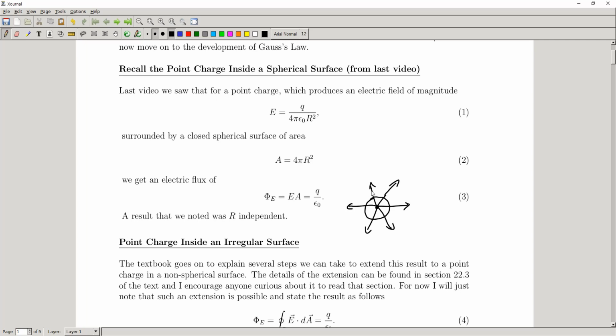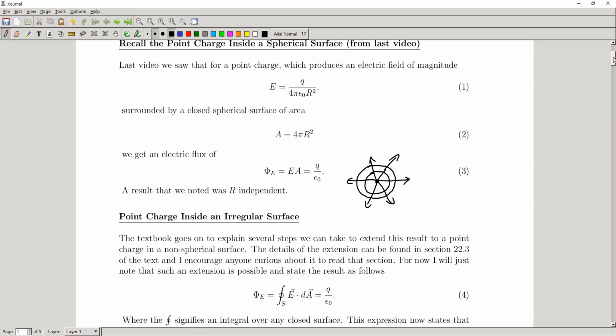If I drew a larger spherical shell, again in cross section, it would still be the same amount of flux going out. It's always going to be the same amount no matter how large I draw this spherical shell. It's just going to be less per unit area, but we have more area. So in the end, the whole thing works out, and we found that this result is in fact R independent. That was a result from last video.